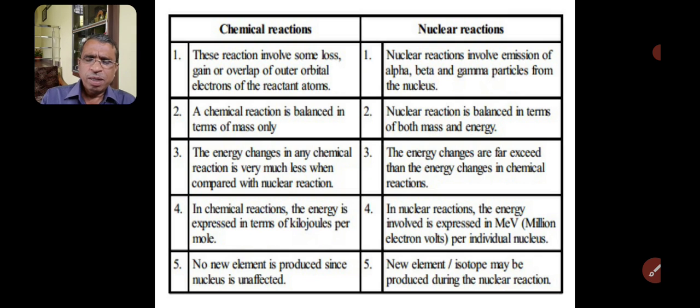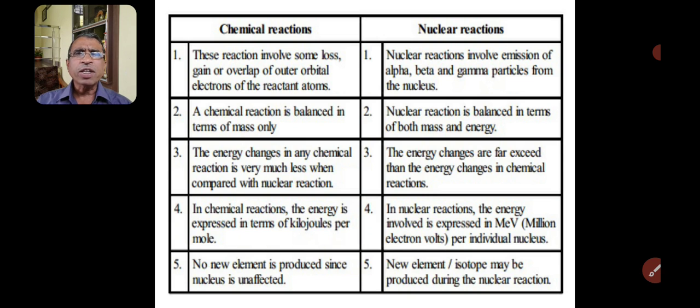Now coming to a question they may sometimes ask: what is the difference between chemical reactions and nuclear reactions? You have studied that chemical reactions are those where the electrons of an atom are responsible.